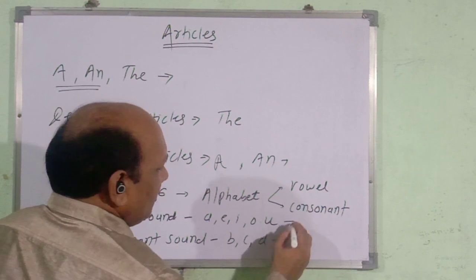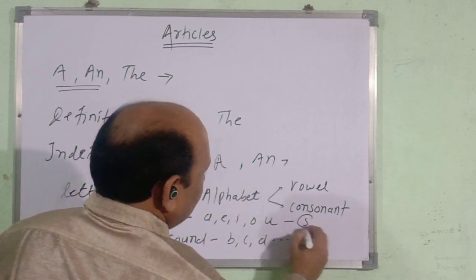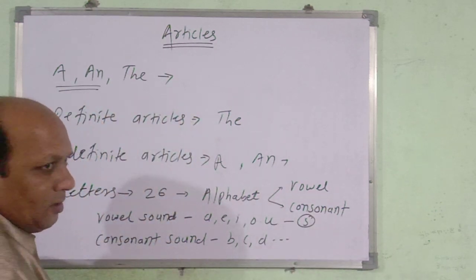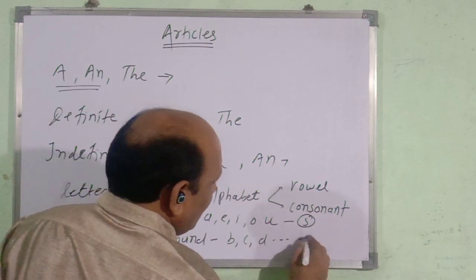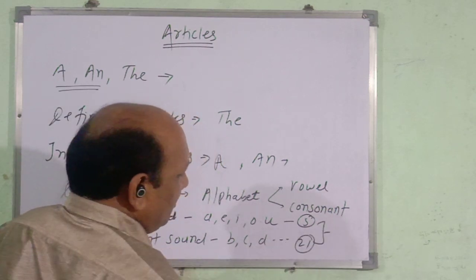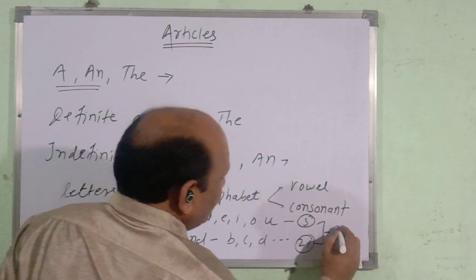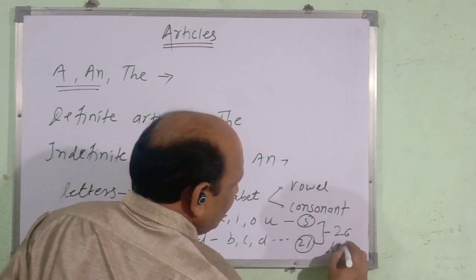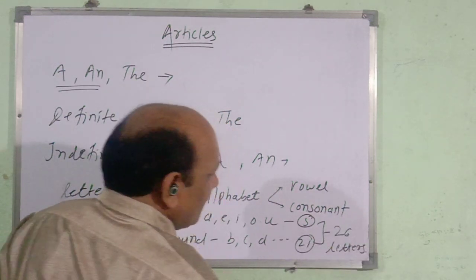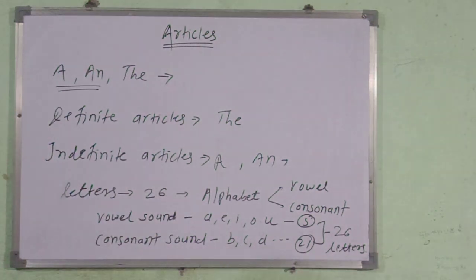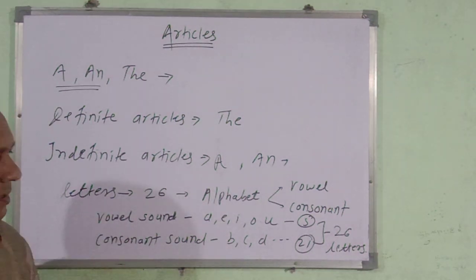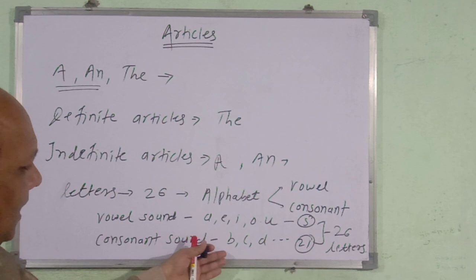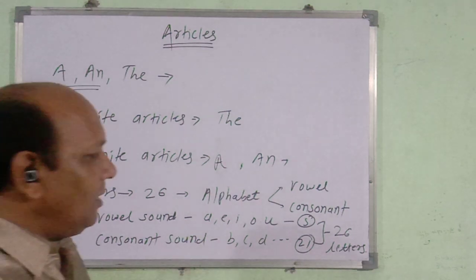So what is the number of vowel letters? That is 5. And what is the number of consonant letters? That is 21. Including both vowels and consonants, that is 26 letters. This is the bifurcation of the 26 alphabets. So 5 are vowels and the remaining 21 are consonants.